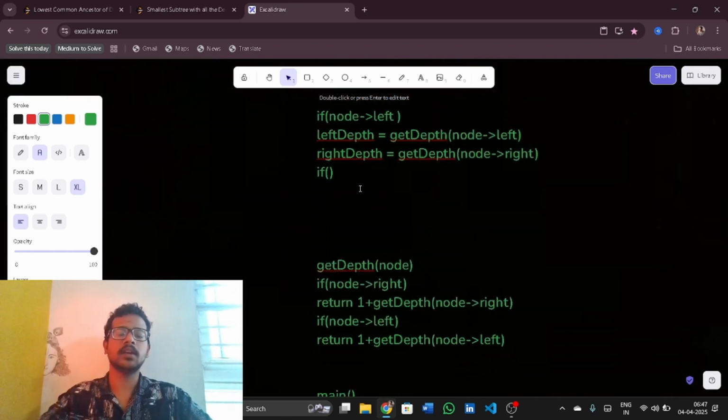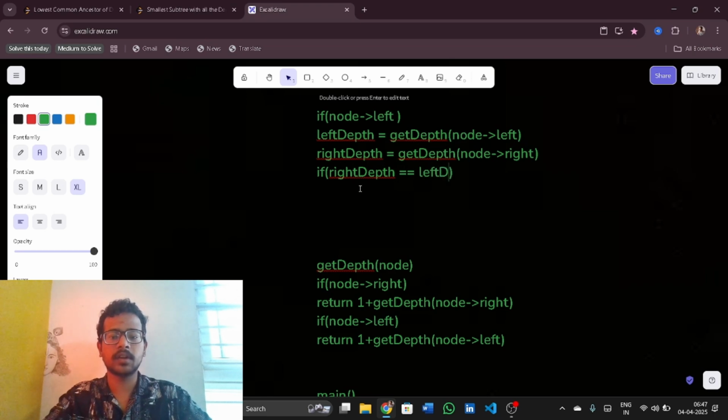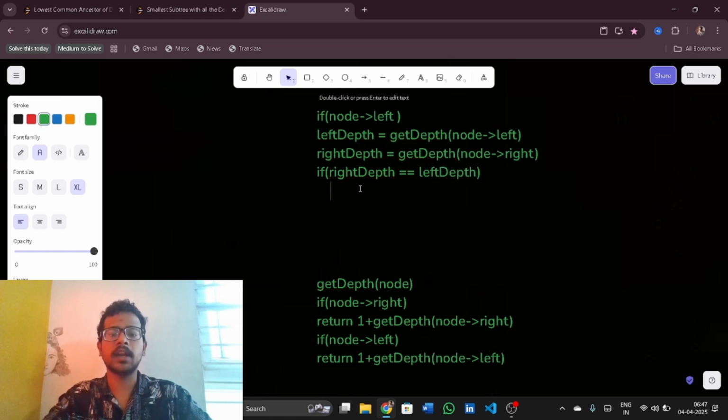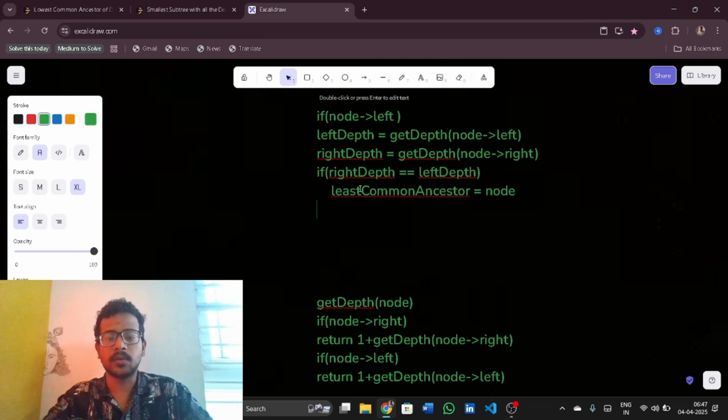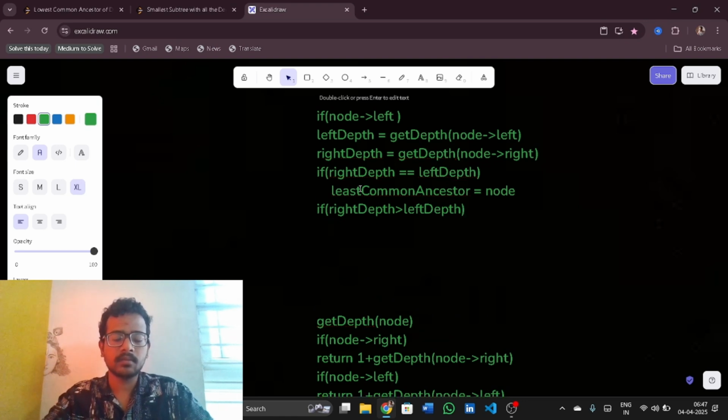instead of that, if right depth is equal to left depth, then the least common ancestor will be equal to the current node. Now if right depth is greater than left depth, then go to the right node.